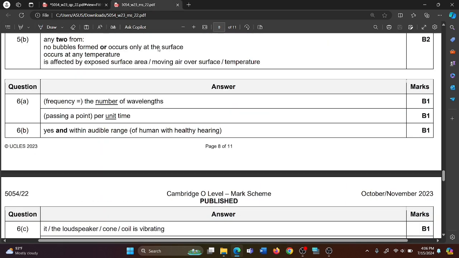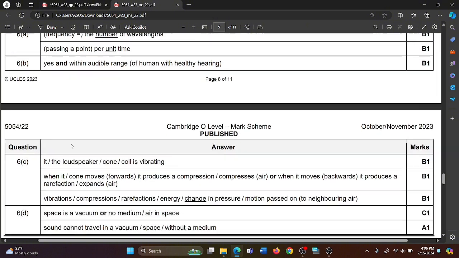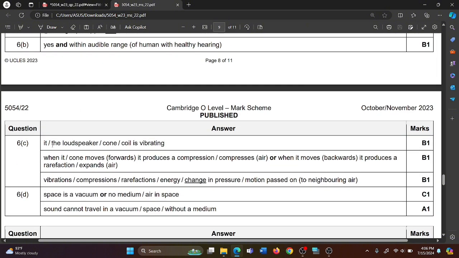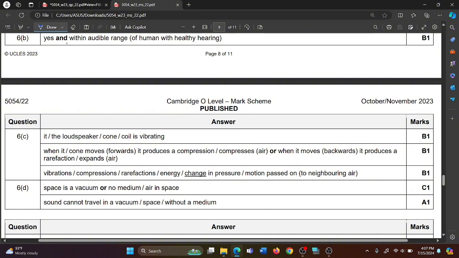Let's look at the mark scheme. Okay, for the first mark, it says the loudspeaker cone is vibrating, moving. We wrote moving, thus this mark is applicable because vibrating and moving mean similar things. For mark 2, when the cone moves forwards, it produces compression, or when it moves backwards, it produces rarefaction.